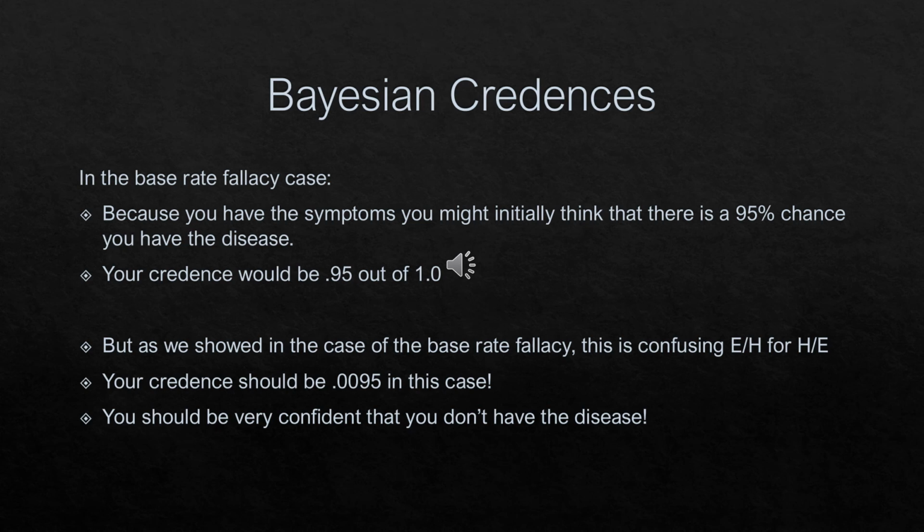And your credence should actually be just 0.0095 in this case, which is less than 1%. And so, in fact, in this case, you should actually be highly confident that you don't have the disease, simply because the disease is very rare, right? It only happens in less than 1% of people that get COVID, even those people that get COVID that have all of the symptoms.